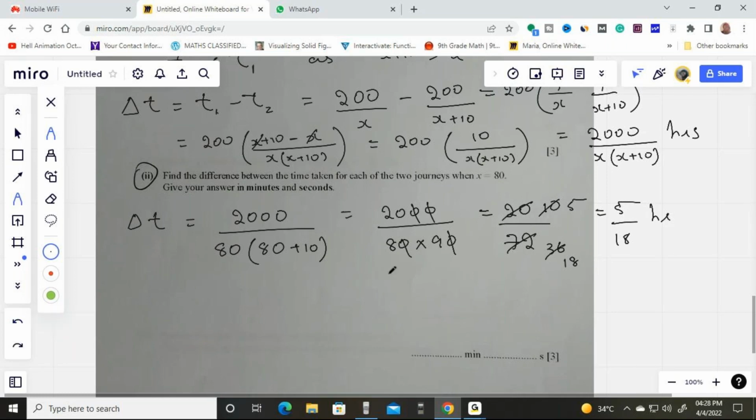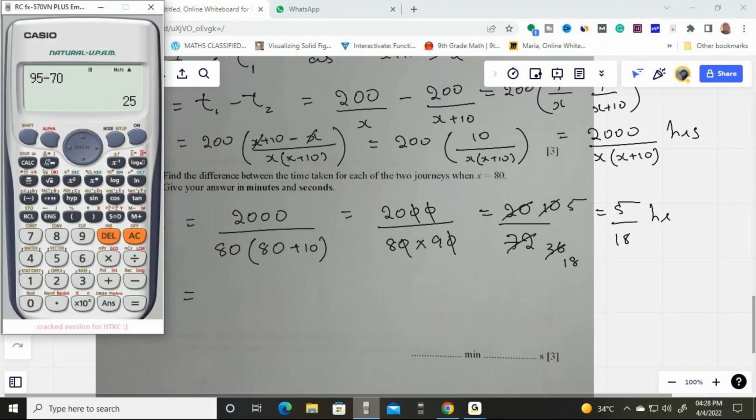I need to convert it into decimals. So 5 by 18 is 0.2777. You see, the bracket means 7 is constantly going on. It's a recurring decimal value.